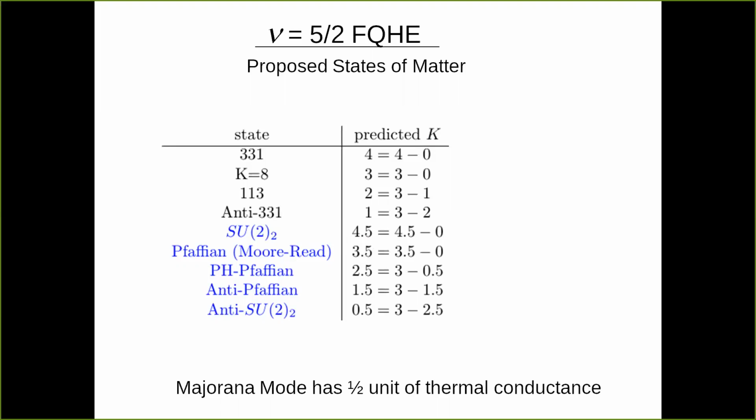This is a rather long story. It starts way back in 1989 when the 5/2 state was first observed, and there was about a decade of confusion about what was going on.